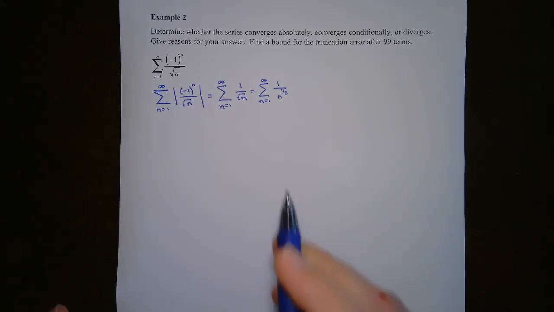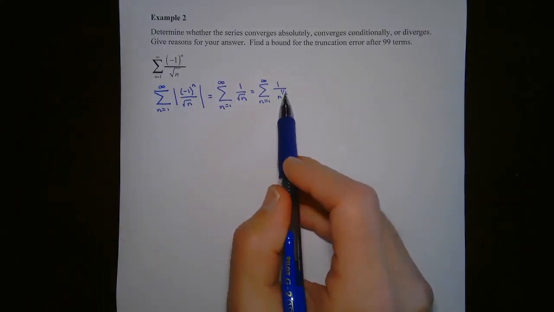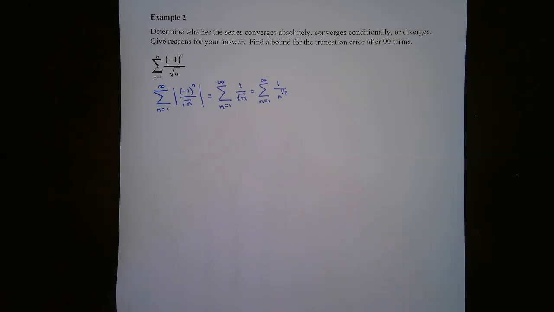Okay, now this is a p-series, right? And our power is 1/2. If our power is between 0 and 1, including 1, then we know it diverges.